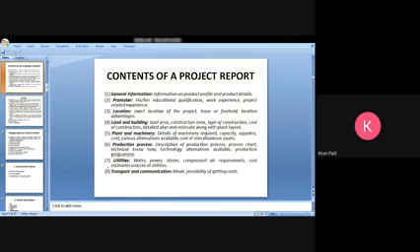The next one is promoter. For example, his or her education qualification, work experience, project related experience. Basically, if I'm trying to have a project, I need to introduce myself in the report also.